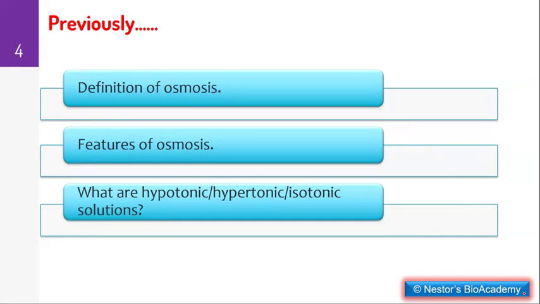But a hypertonic solution is a solution that has a high solute concentration compared to another reference solution. So this is essentially a concentrated solution. But when two solutions have identical concentrations of solute and solvent, then we say that the two solutions are isotonic to each other.